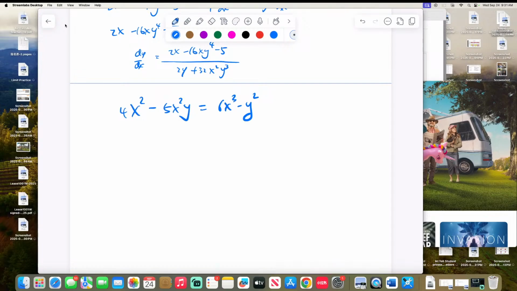So 4x squared minus 5x squared y equal to 6x cubed minus y squared. What was the other situation in which you used this? So you have y to a power other than 1. Yeah. And you have a mixed term, mix of x and y. So that's x squared y to the 3rd. And that's the time that you should consider implicit derivative.